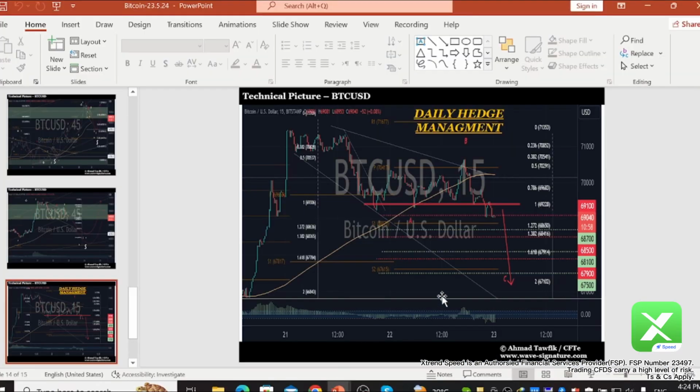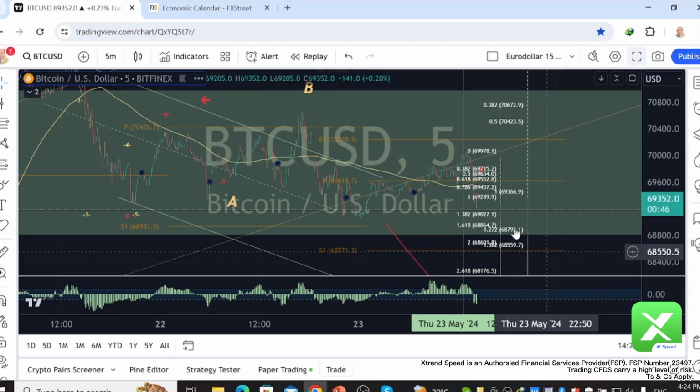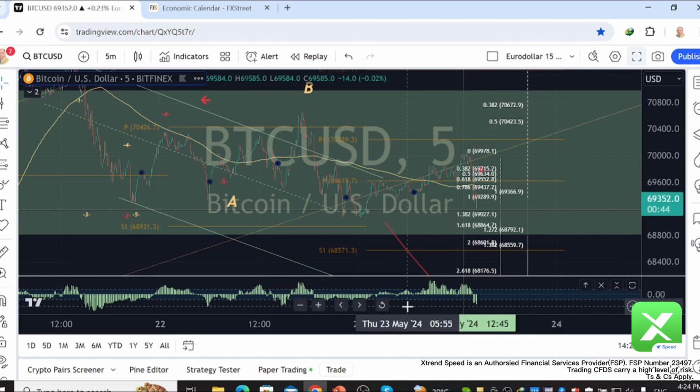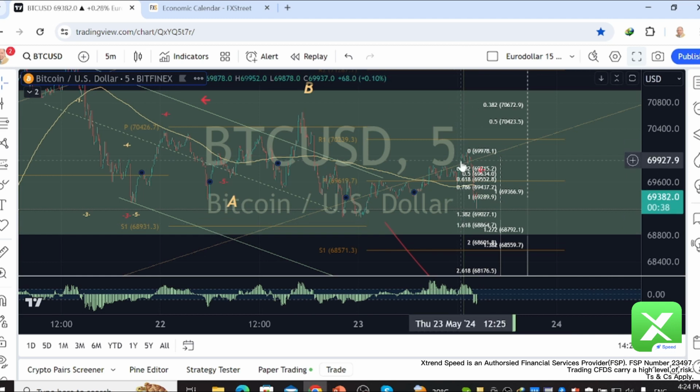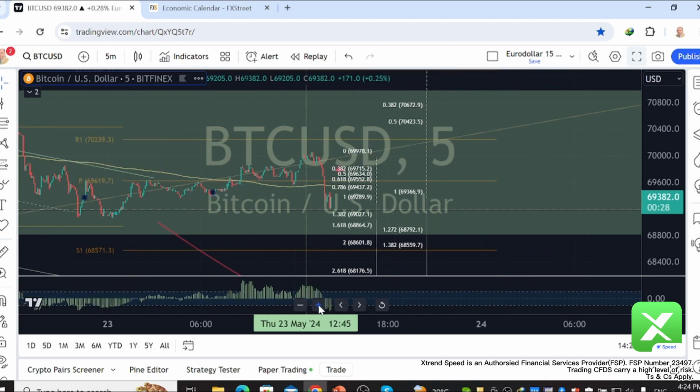Until we get negative degree 3 momentum, we want to be focused on trading inside of the green zone, or trading inside of the current market top out cycle. First, trading only to the downside, not to the upside.